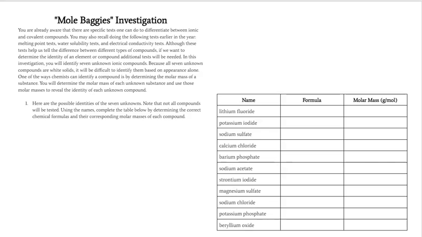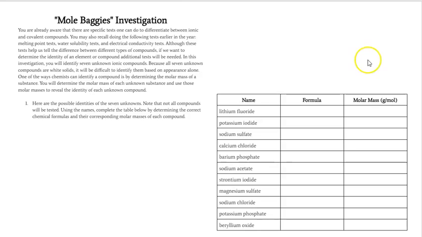All of them are white, kind of powdery solids. There are some minor differences in appearance, but by and large, you can't really tell which is which just by their appearance. So you're going to use the molar mass that you can calculate from the information by using a balance and the information on the baggies to help identify which compound is which.